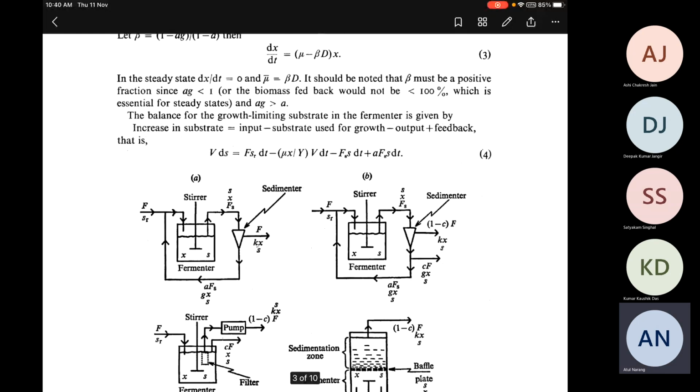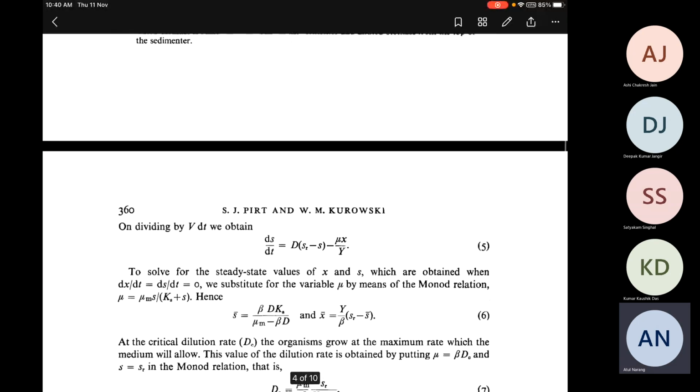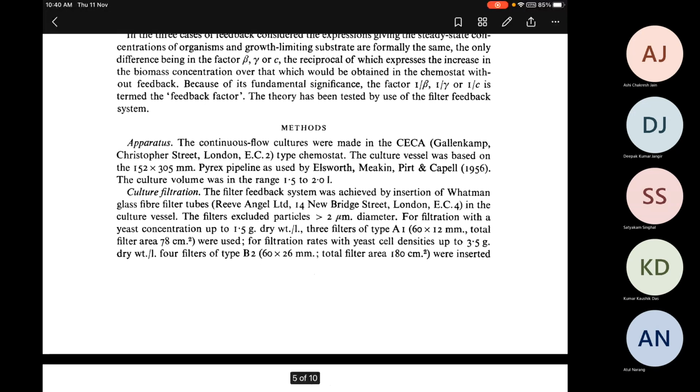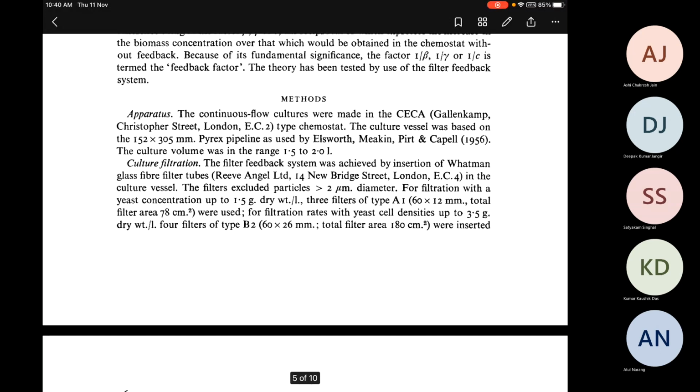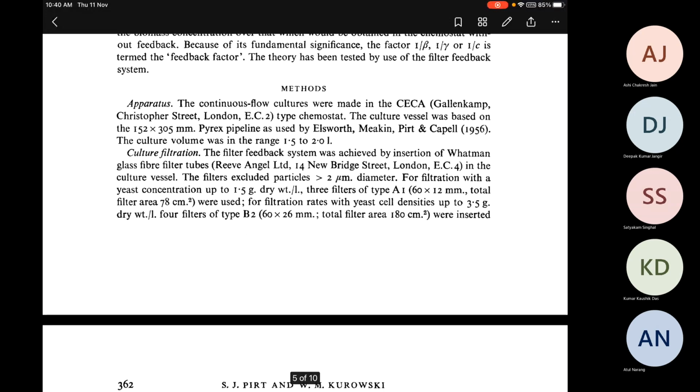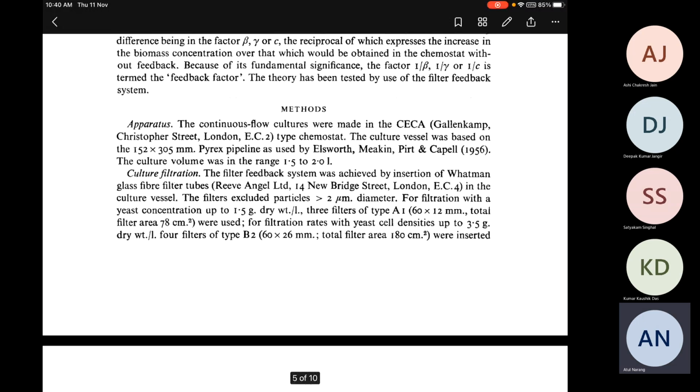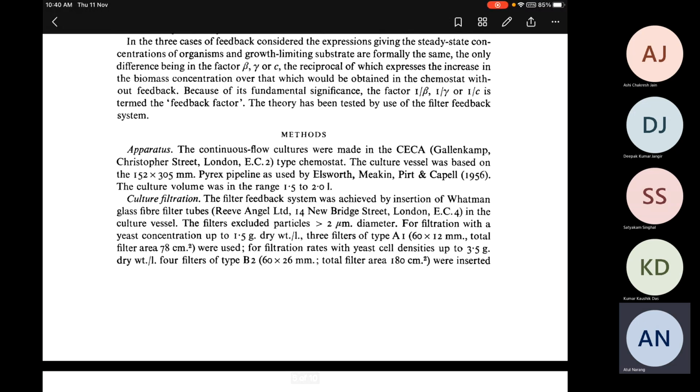He must be using a filter of about 10 micrometers, maybe 3, 4, something like that. Oh gosh, he doesn't report the size. He's reporting it in total surface area. So I'm not sure, but it would be on the order of the cells.